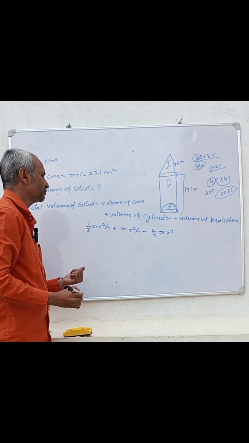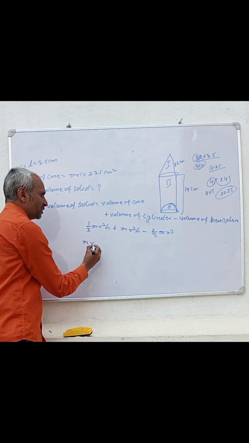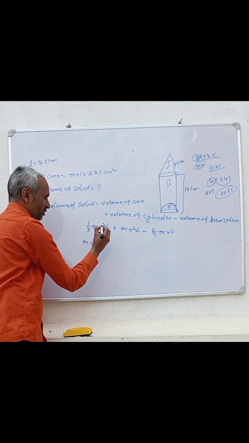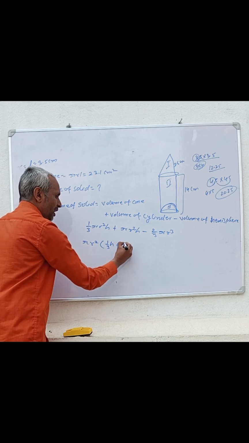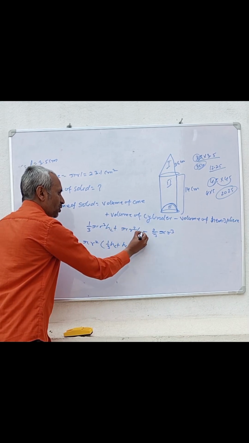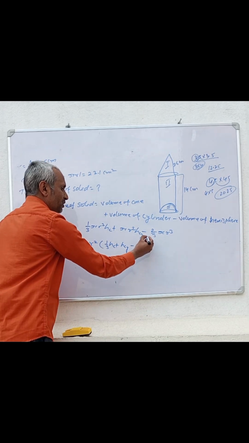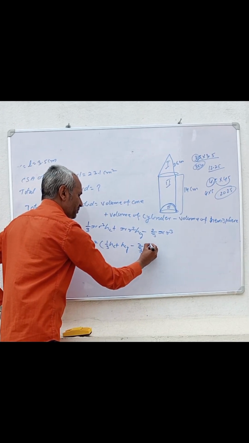Here r is the same everywhere, so we can take pi r square common. What remains? 1 by 3 hC remains, plus hCy remains, where Cy means cylinder, minus 2 by 3 r remains here.